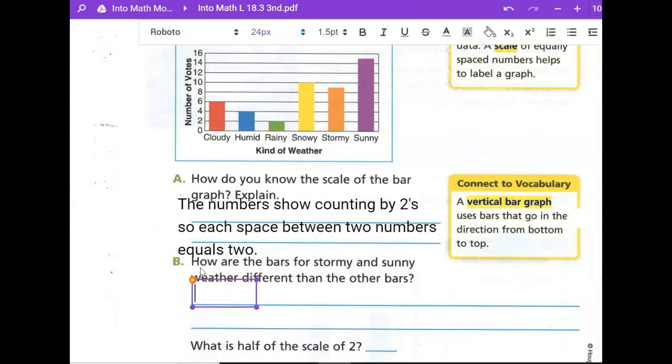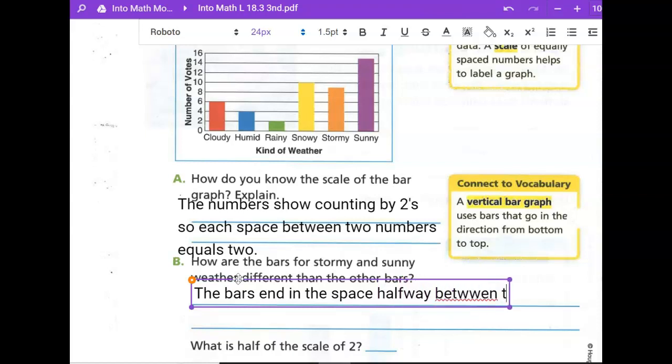So the bars on stormy and sunny end in the space halfway between two numbers.